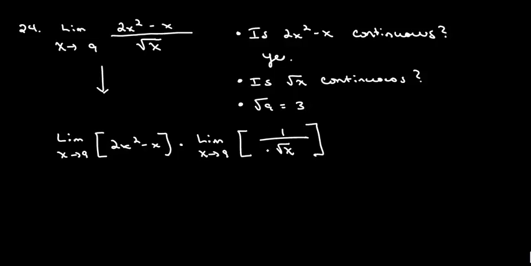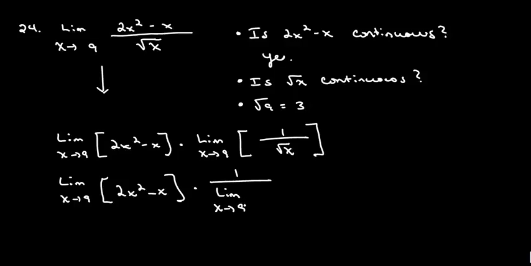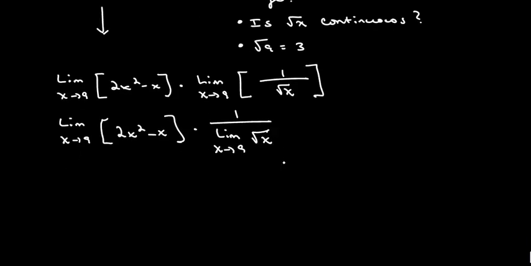Okay, and so then we can rewrite this, the limit as x approaches 9 of 2x squared minus x times 1 over, and this is that reciprocal rule that they gave you. Okay, so that's also true. Let's just put this guy in brackets here.